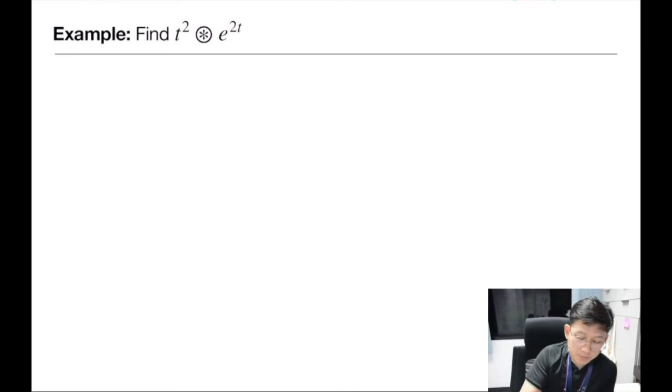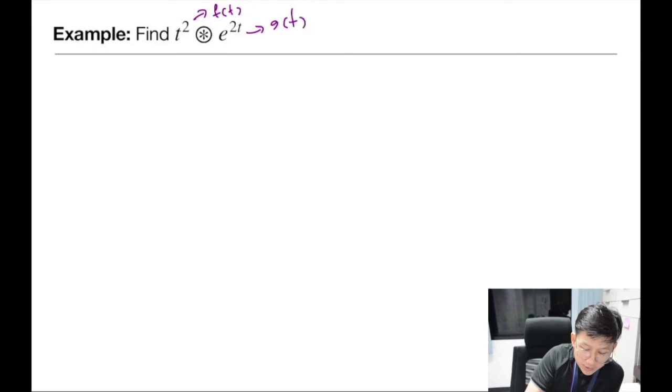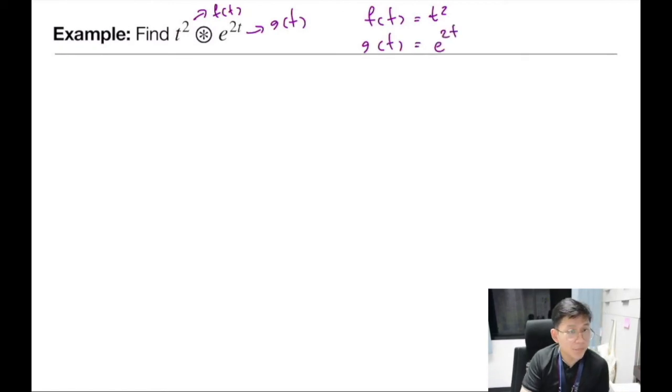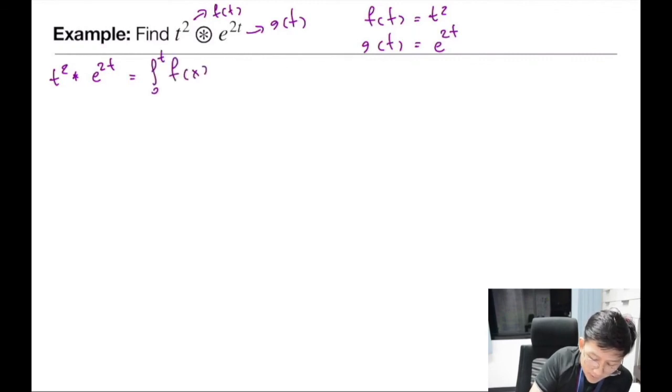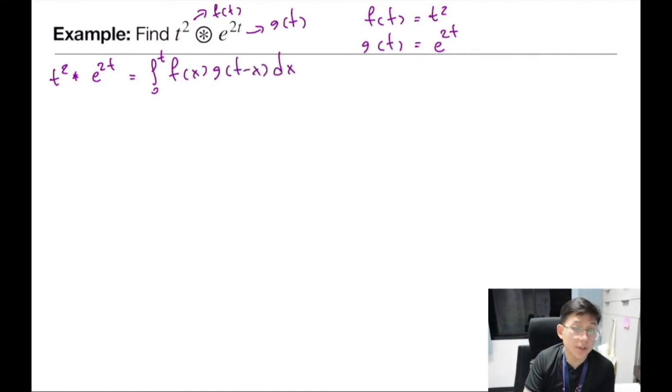Okay, for this question, we look at this as f(t) and this as g(t). So we have f(t) is t squared, g(t) is e to the 2t. So the convolution of t squared and e to the 2t would be the integral from 0 to t of f(x) g(t minus x) dx, right, from the definition.